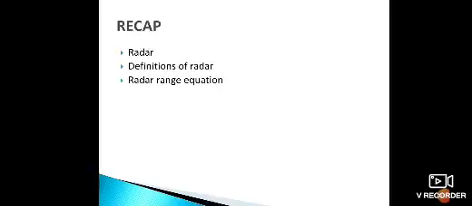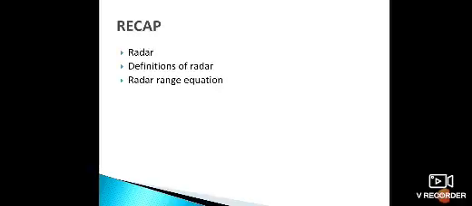Why? Because with the radar range equation we can determine the maximum range at which any target can be detected, and using that we can design a radar system. A number of factors also affect radar performance. That is the main intention of finding the radar range equation.